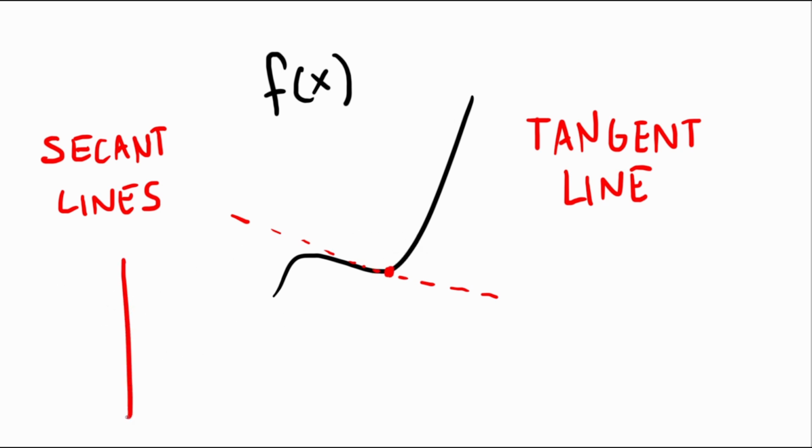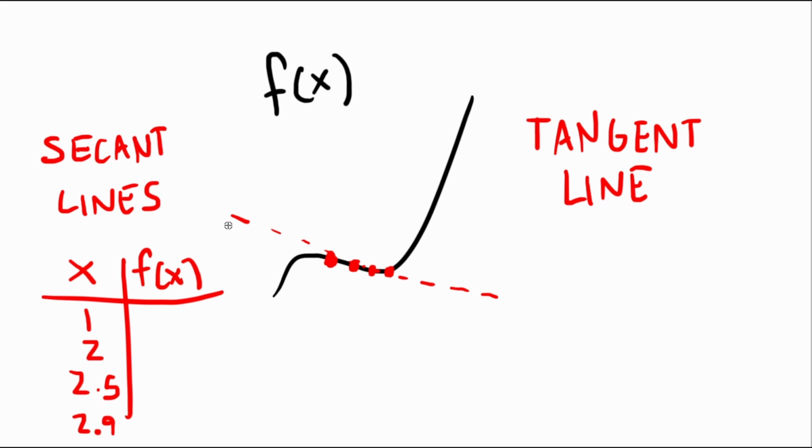So this is where limits come in, because we are constantly getting our second point closer and closer. It leans towards the value at this x value. So we'll say x is equal to 1 and then x is equal to 2, 2.5, and then say 2.9. This is representing our secant line, right?